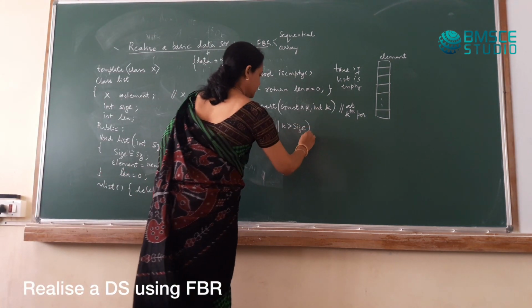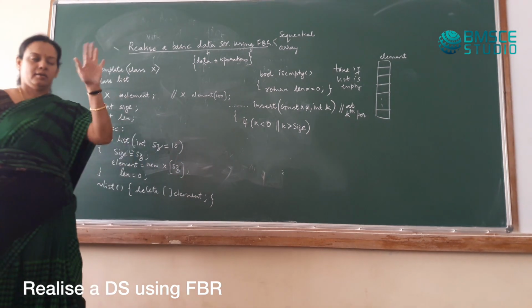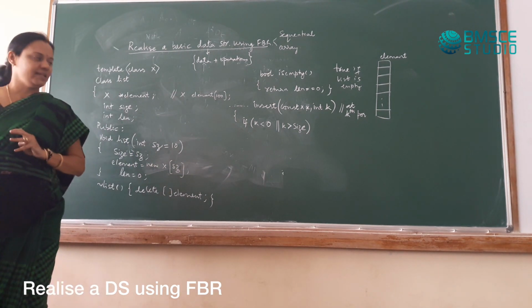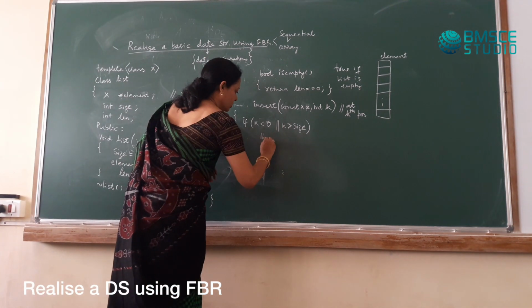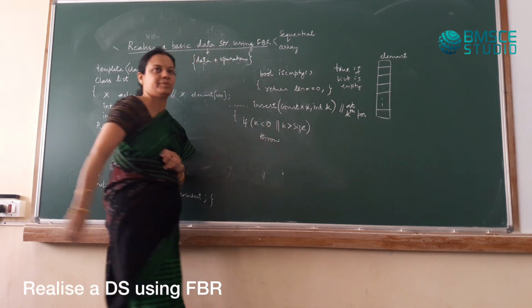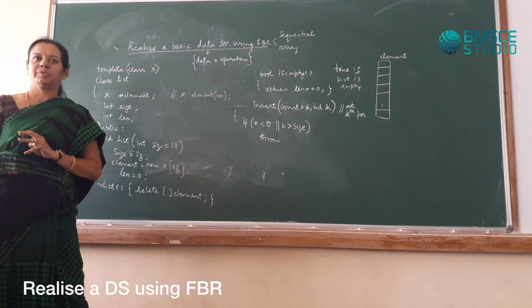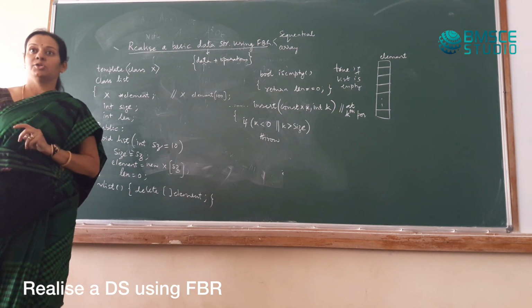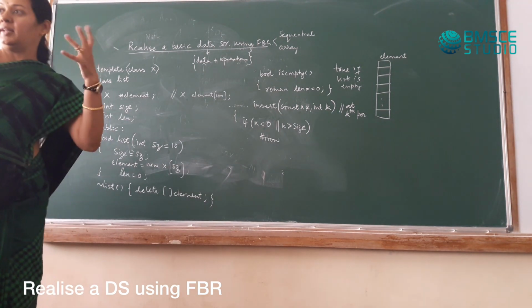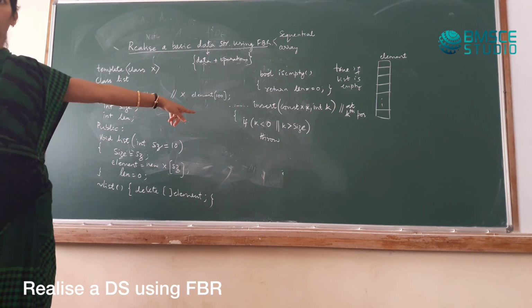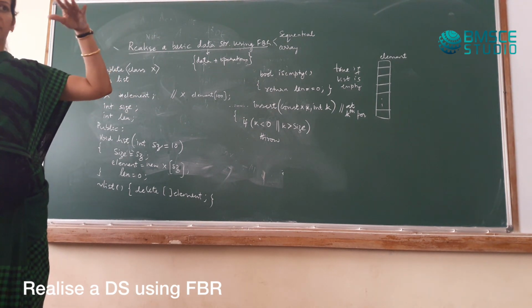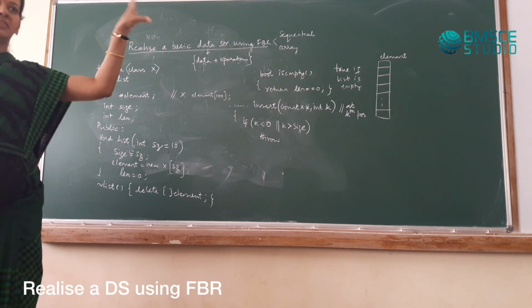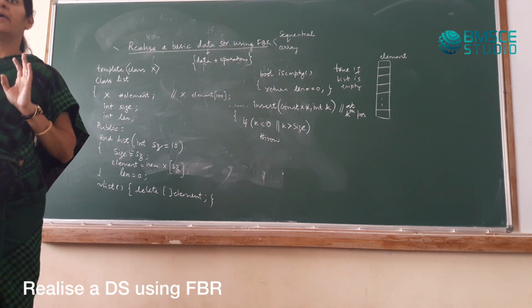If k less than 0 or k greater than size, we will make use of the concept of exceptions. We will throw an exception. So what am I assuming? I am assuming that whatever exception I am throwing here will be caught, that the catch block is already written somewhere. Where?